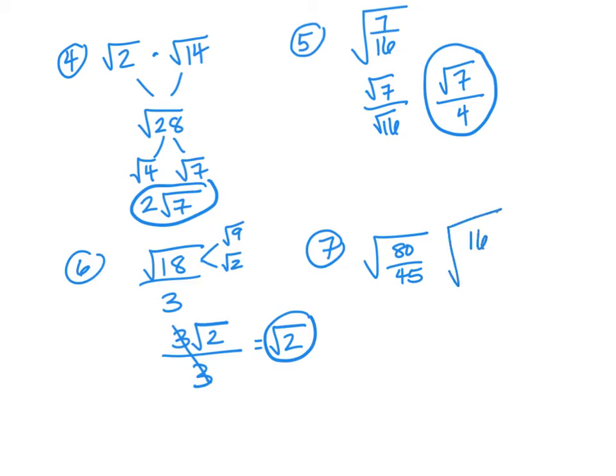And then 45 can be divided by 5, and that will give us 9. Now let's rewrite this as a radical sign of 16 in the numerator and a radical sign of 9 in the denominator. So the square root of 16 is going to reduce to 4, and the square root of 9 reduces to 3. And we're going to leave that improper.